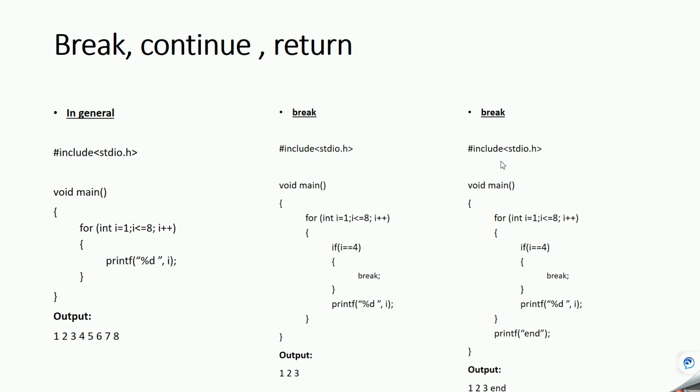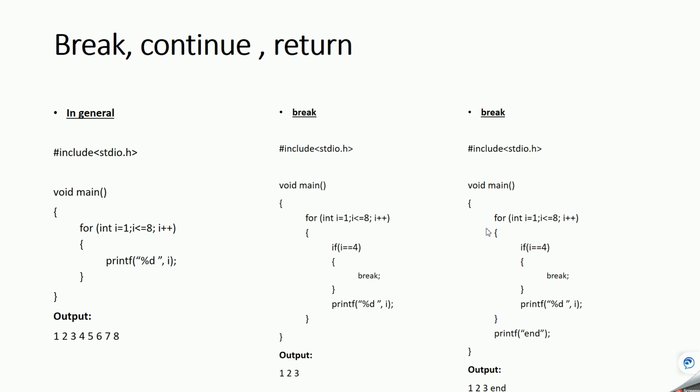Here we have another example. We have the same program, but at the end we have a print statement. What will happen in this case? The program will output 1 2 3. When this break gets executed, the control will come out of this for loop but it will still be inside the main function.